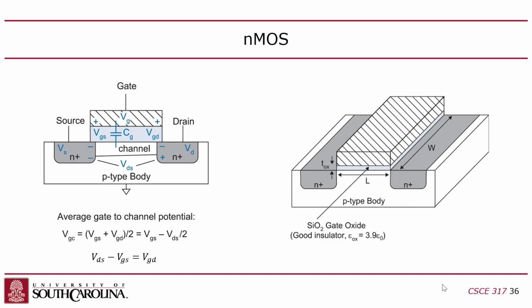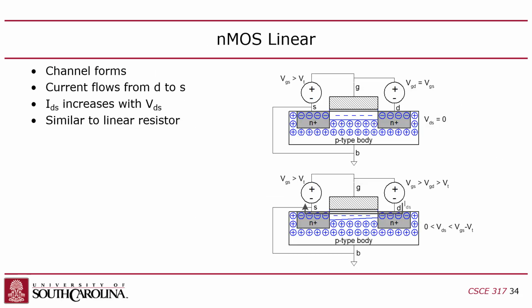But that's the minimum size. I can make this a stronger transistor by widening it. If I widen it beyond the minimums, I still keep the length minimum, but if I widen it, I get more power. I get more drive strength, right? And you can see that in the equation.